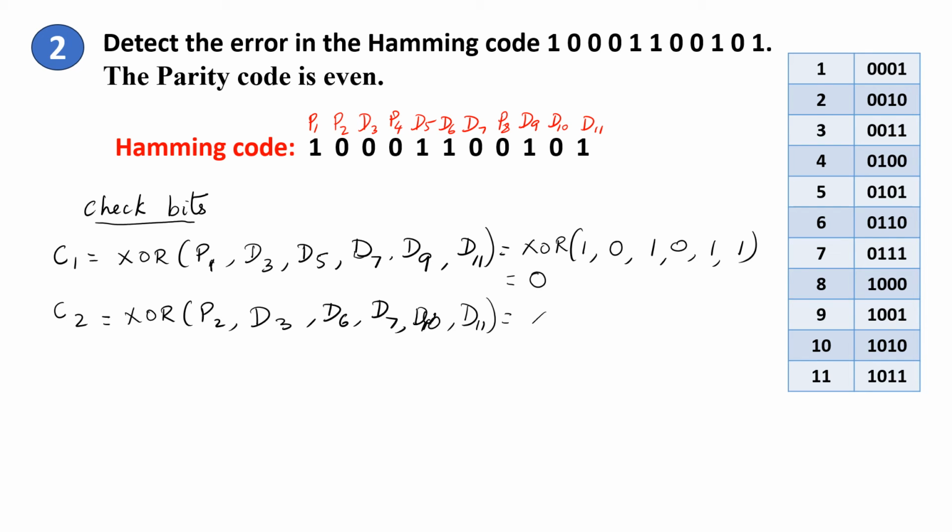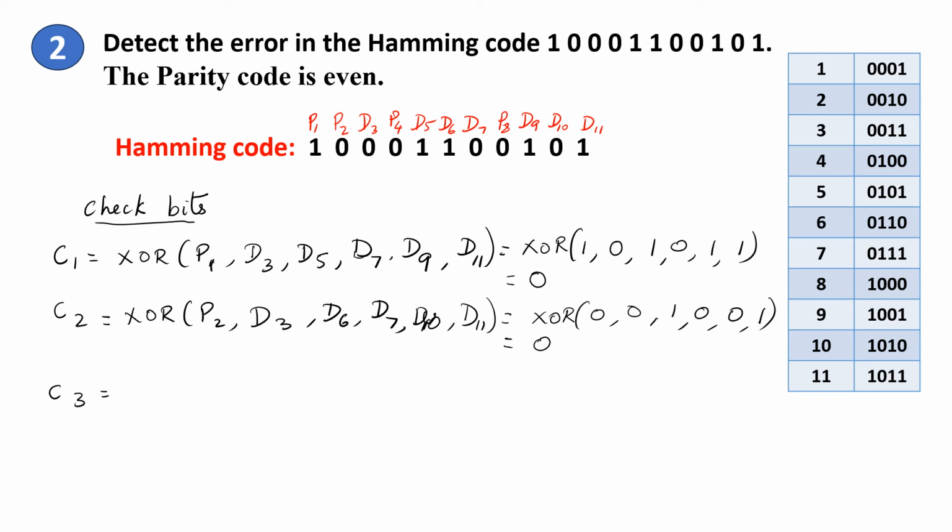So that is equal to XOR of P2 is 0, then 0, 1, 0, 0, 1. So it is an even number of 1s, so output is 0.